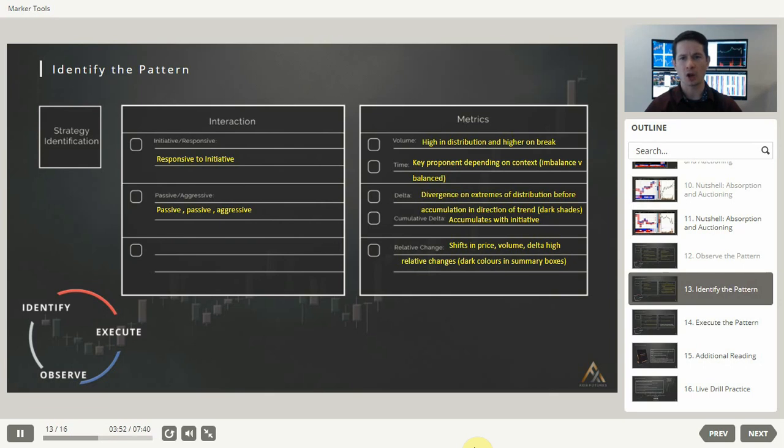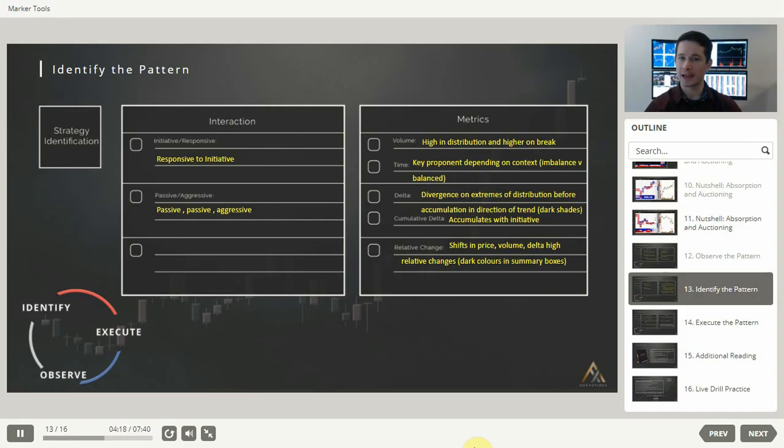So in this box, what I would like you to think about is: what was the key observation you took away in terms of interaction that gave you the clue that the break was coming? Now, we spoke about absorption just before the break. For instance, for the break to the upside, before the break we were seeing large selling absorption at the high and large buying absorption at the low.